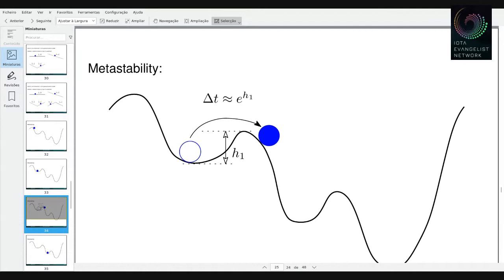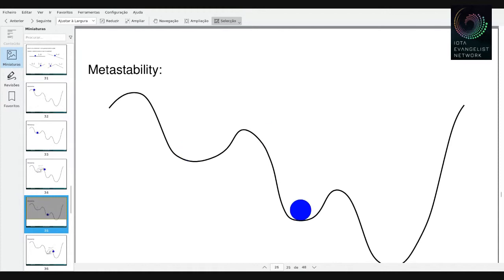Okay, but eventually the drunken guy will go here. And then he will happily go down to this potential well. And then he will spend a lot of time trying to get out of here.